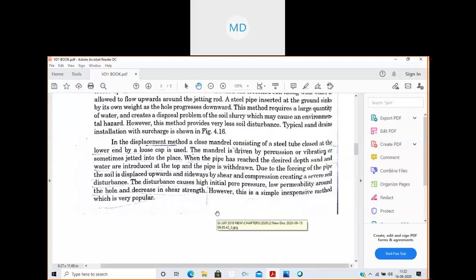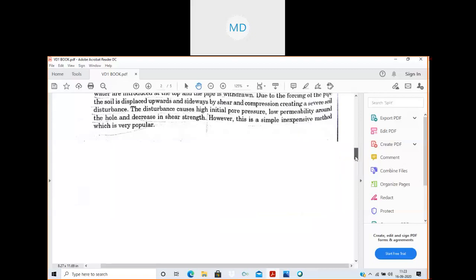The tube is hollow, and in that tube the sand is poured along with water so that it gets settled. Then the steel tube is withdrawn from the place, allowing the sand tube or the sand drain to stay in place. That is what it is said.